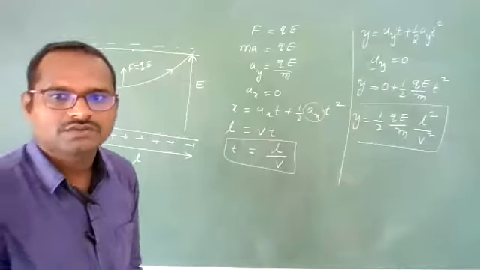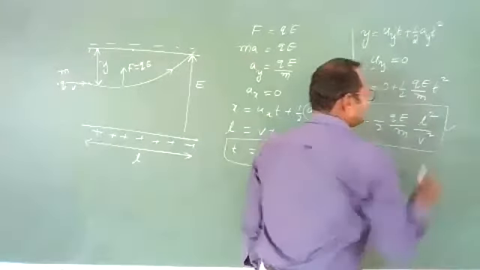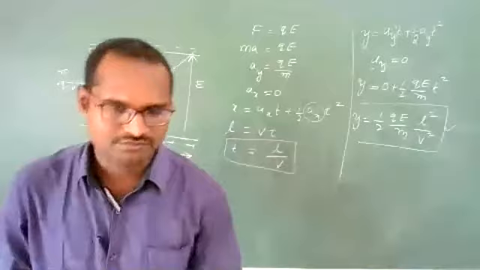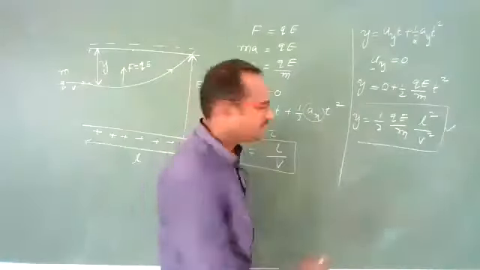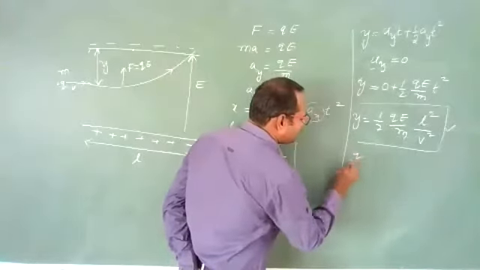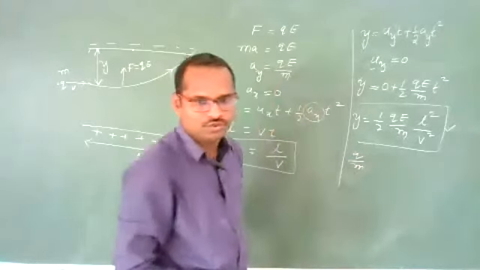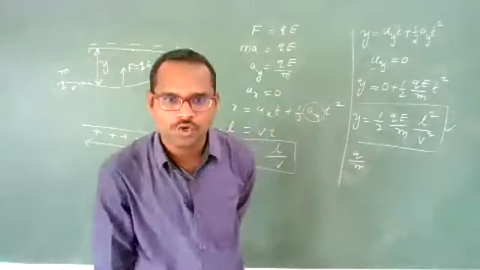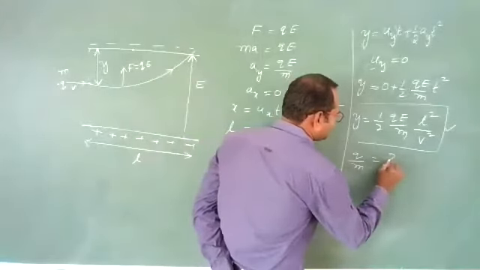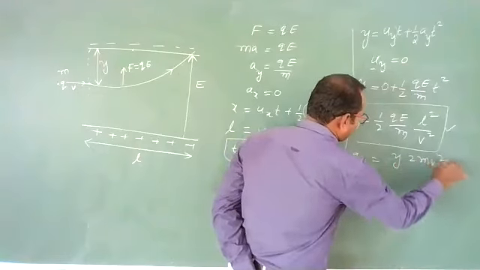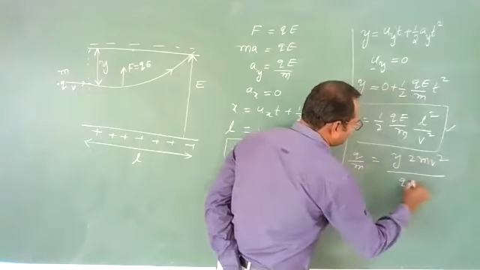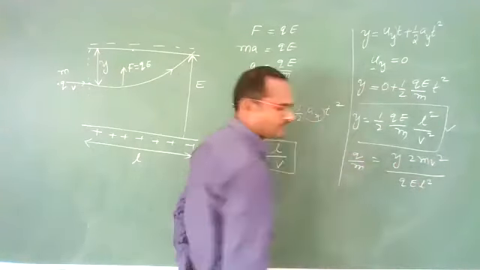Okay, students. So this point, just remember, you may get some objective problems on this point. From this point, what is Q by M? Q by M ratio, the charge to mass ratio, how much? It can be written as y into 2mv square divided by QE into L square.